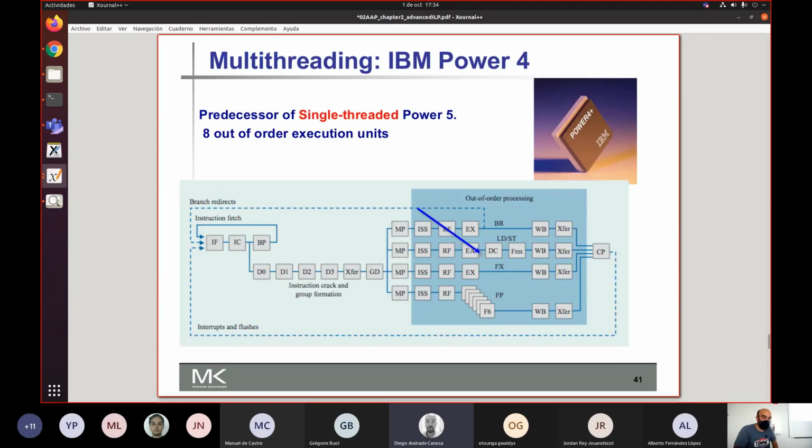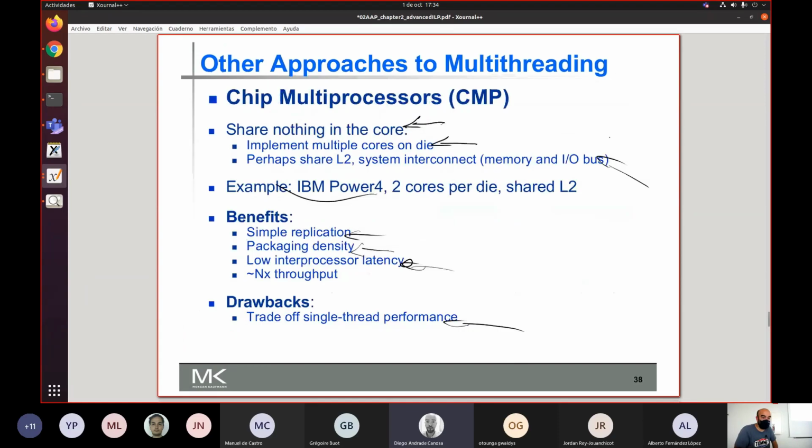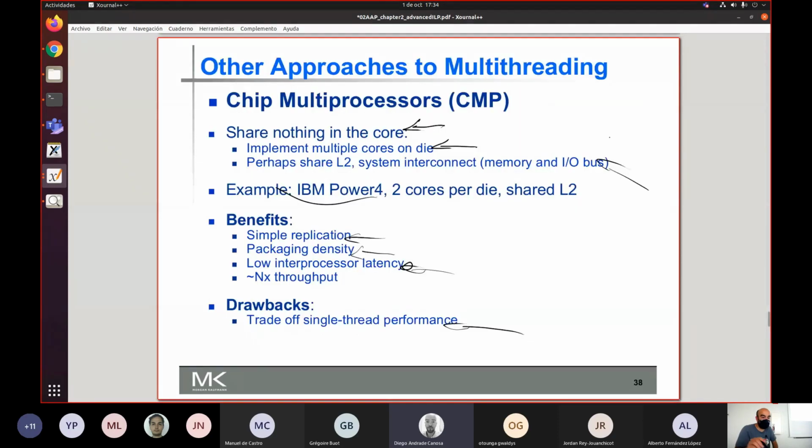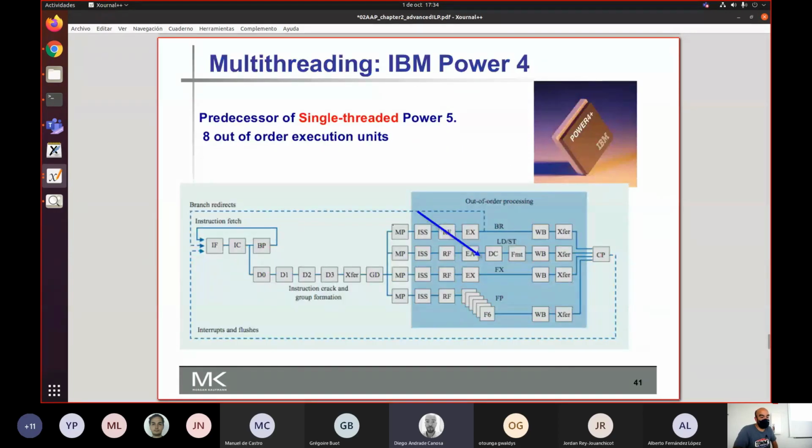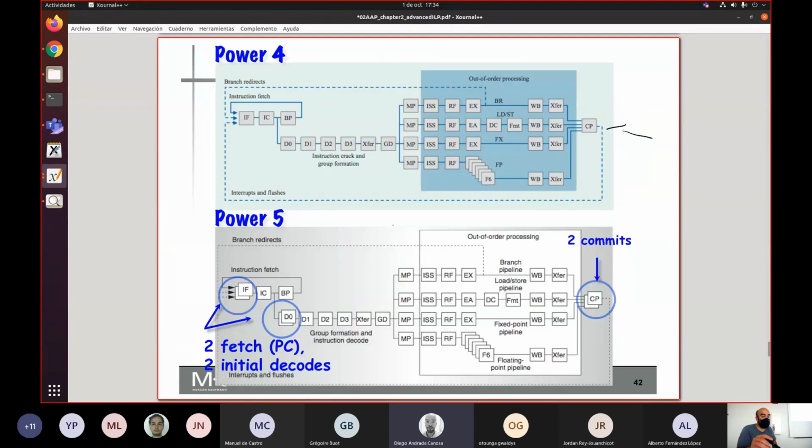So we have in Power 4 these simple cores that don't allow the simultaneous execution of several threads at the same time. And in Power 5, one of the novelties that was introduced is that it allows the execution of several threads at the same time.